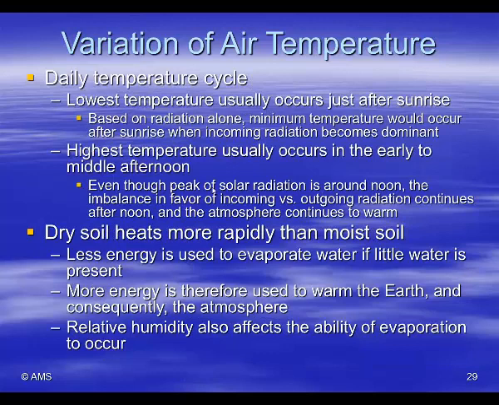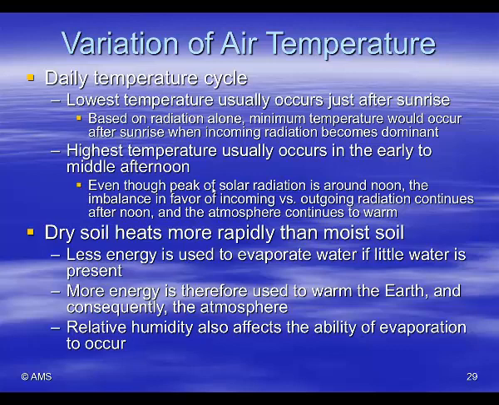We of course have a daily temperature cycle. The lowest temperature occurs just after sunrise, and the highest temperature usually occurs in the early to mid-afternoon. Dry soil heats more rapidly than moist soil, because less energy is used to evaporate the water if little water is present.